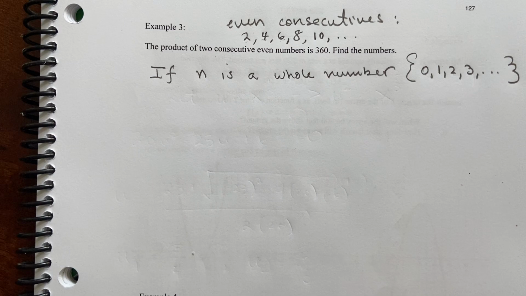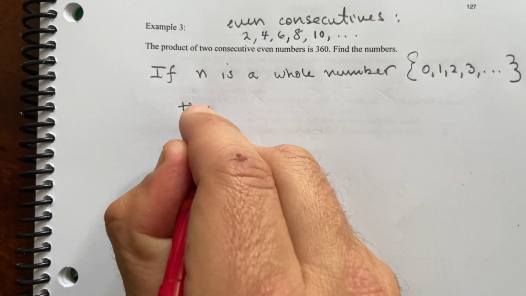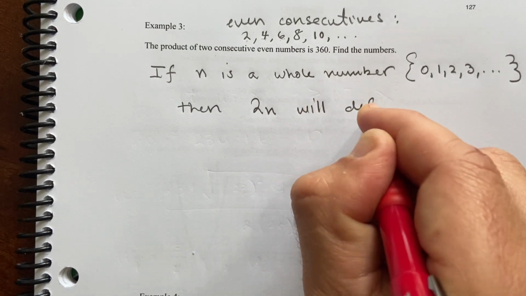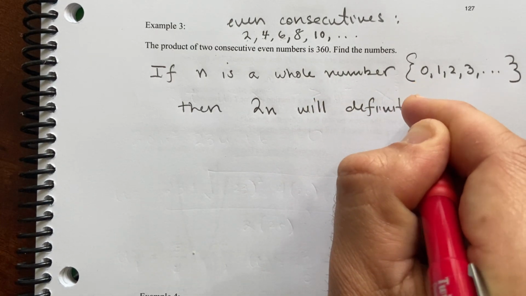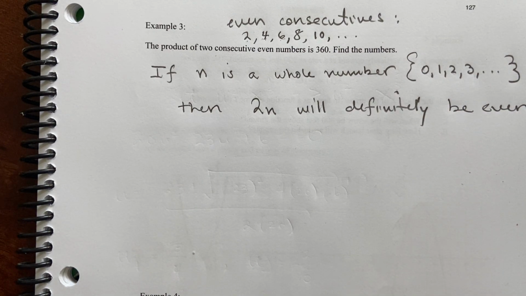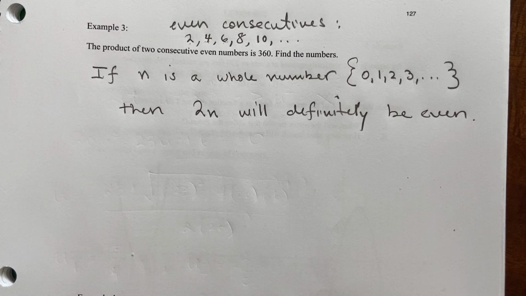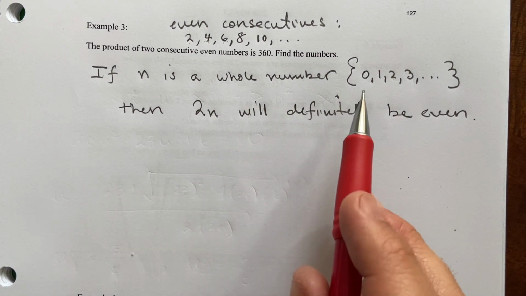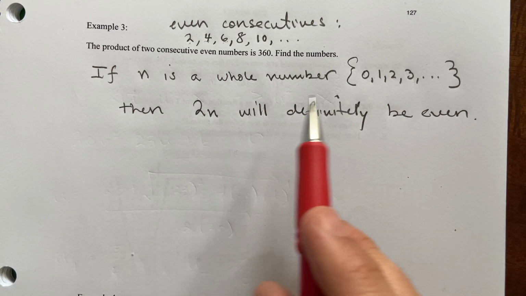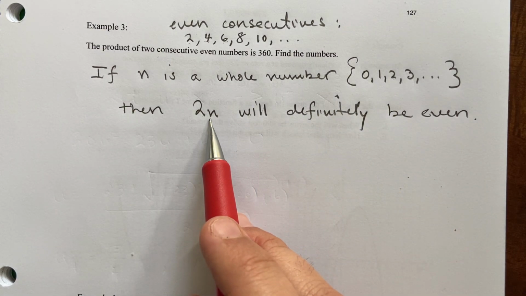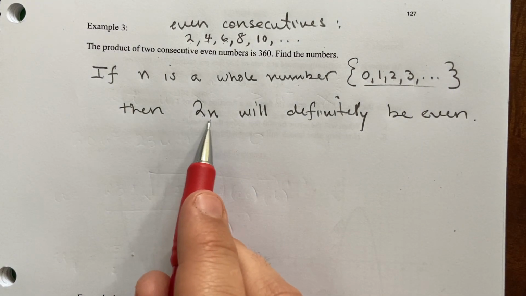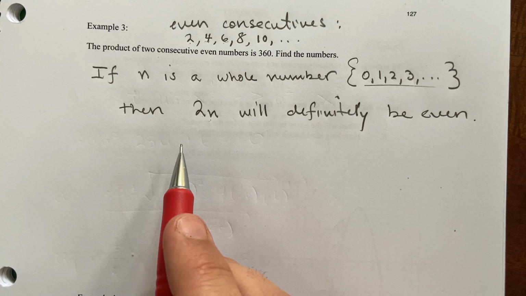So if n is a whole number, then 2n will definitely be even. Right, and you can experiment with that. So 2 times 0 would be 0. 2 times 1 would be 2, which is even. 2 times 2 would be 4, which is even.